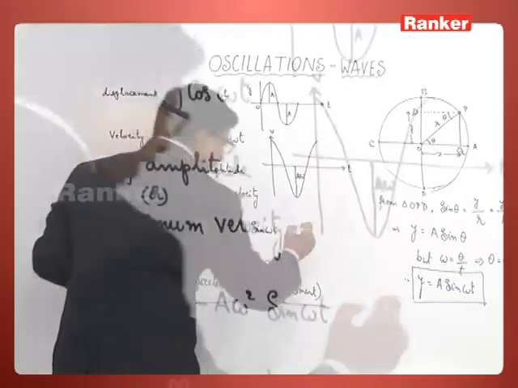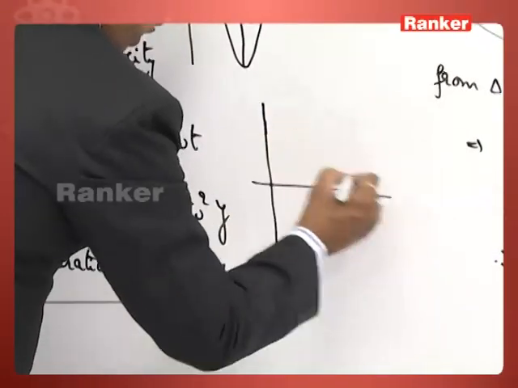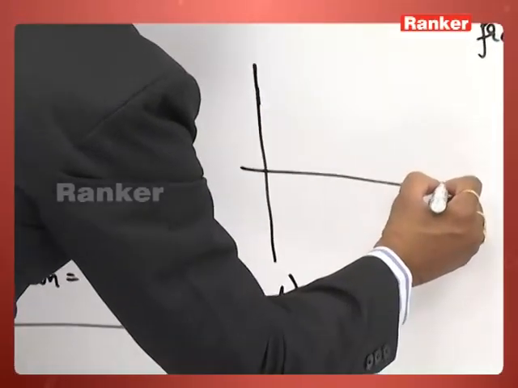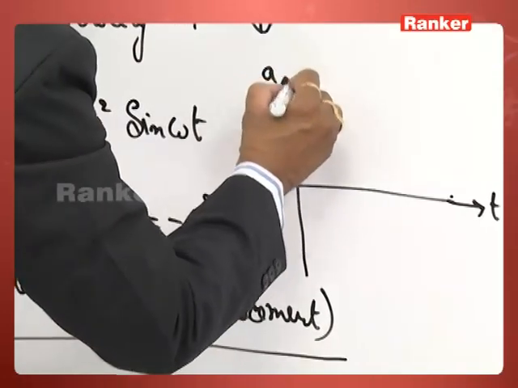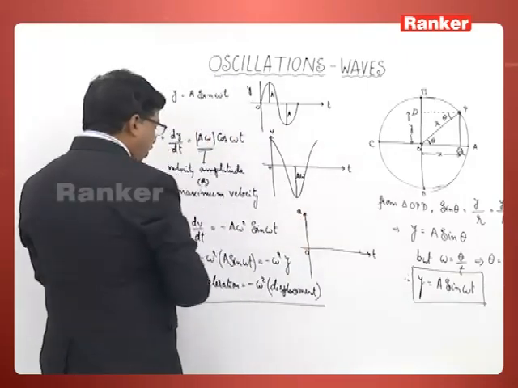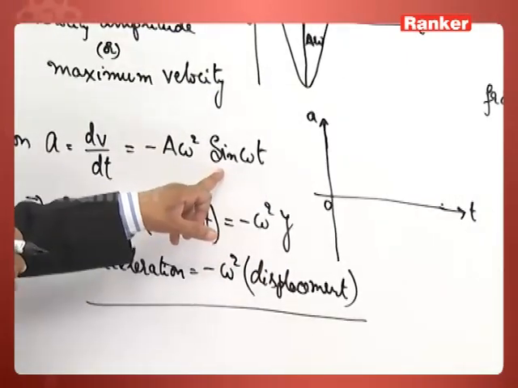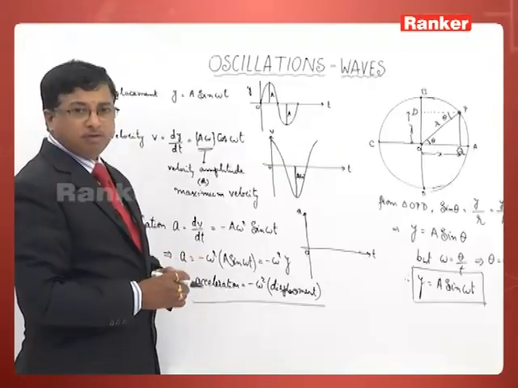Exactly along the same lines, we plot a graph between acceleration and time this time. Acceleration I am considering on the y-axis and time on the x-axis. No doubt it is a sine functional wave equation, but it is a negative sine functional wave equation.